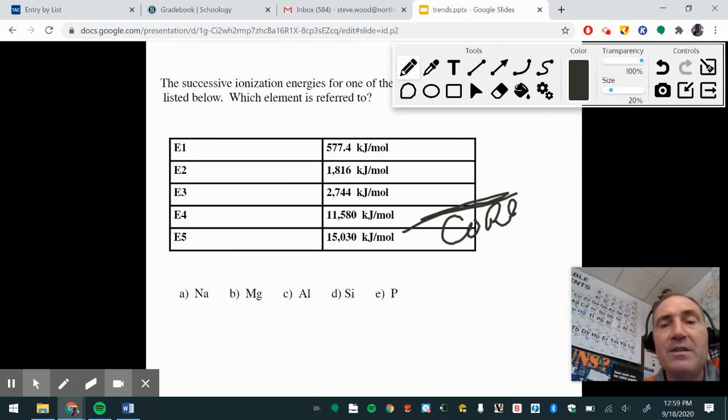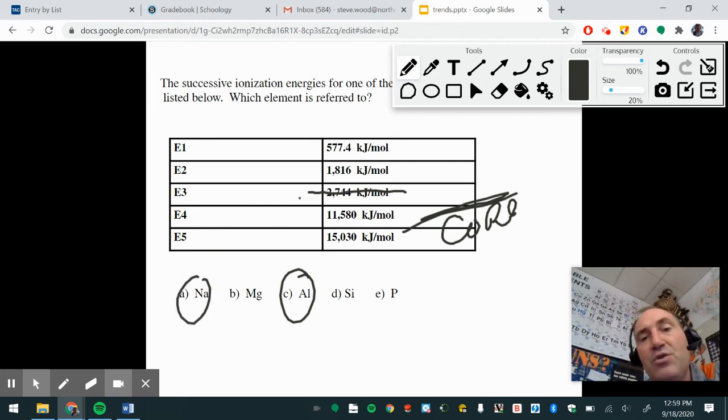So you have 3 valence electrons, so this would be aluminum. Magnesium has 2 valence electrons, so you would expect low, low, high. Sodium has 1, so it'd be low, high. There's a big jump in ionization energy once you hit a core electron, because it's hard to overcome the attraction of the nucleus once you hit core.